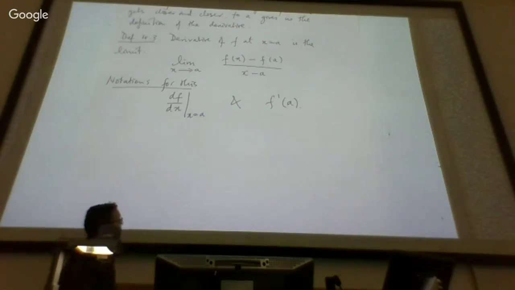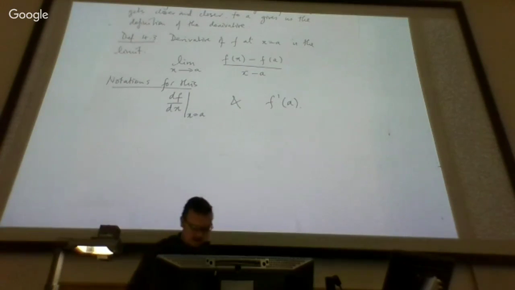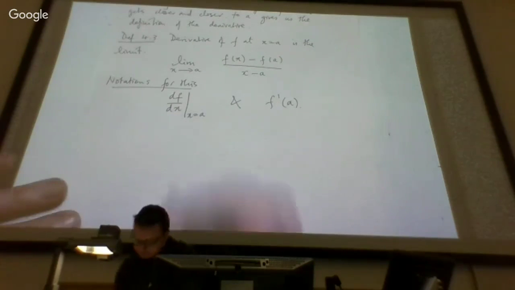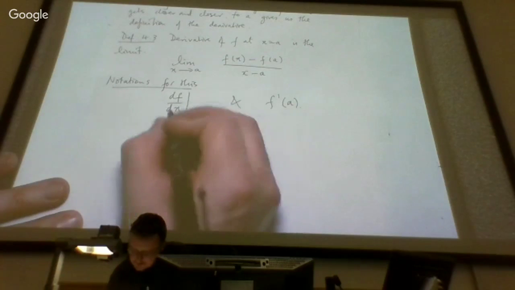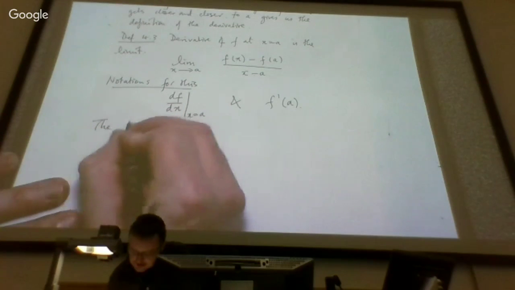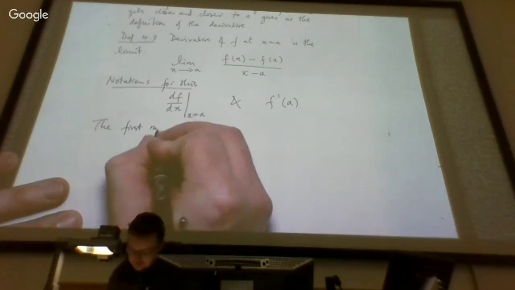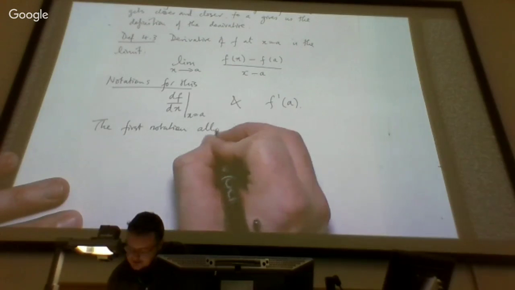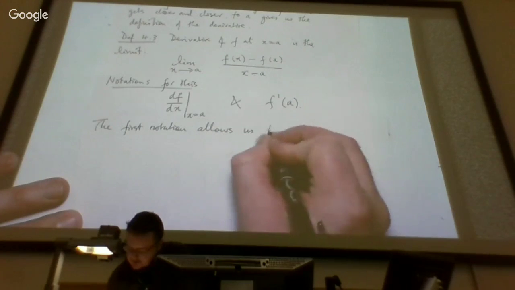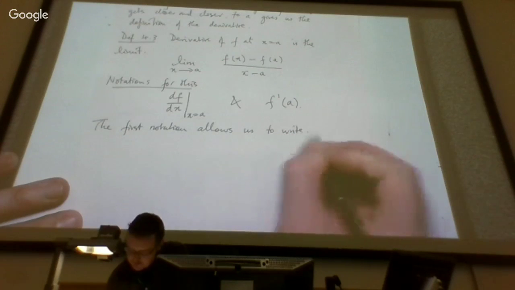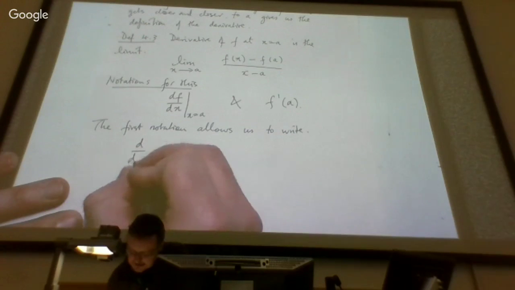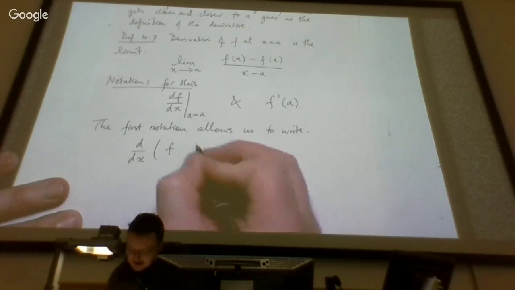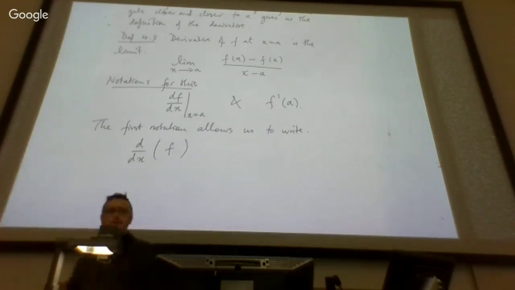But the df dx notation does have a slight advantage in that the first notation allows us to write the derivative as d dx applied to a function f.